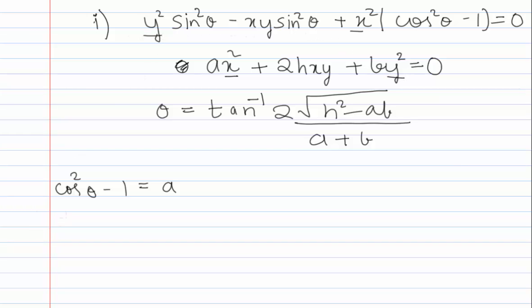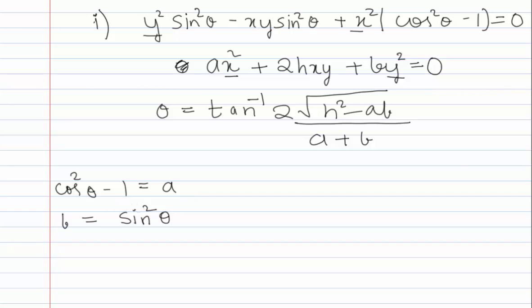When we do that, we get b is equal to sine square theta. Okay, now we can also figure out what the xy term is, but you look at this question and you see something special. If we look at the denominator, we see it has a plus b, and let's figure out what a plus b is first.